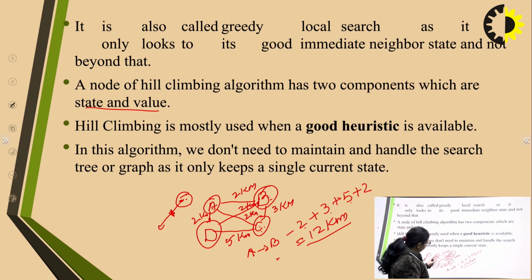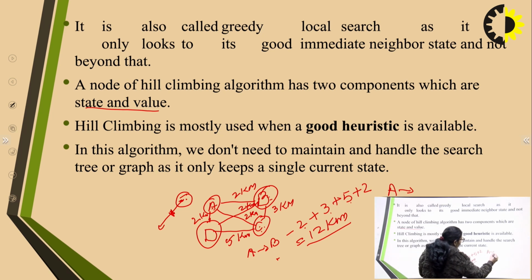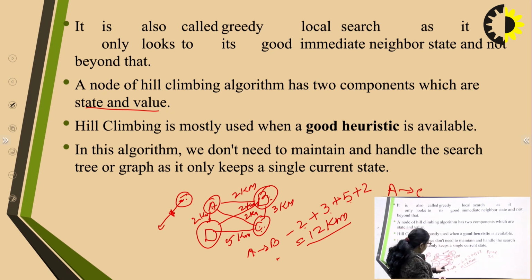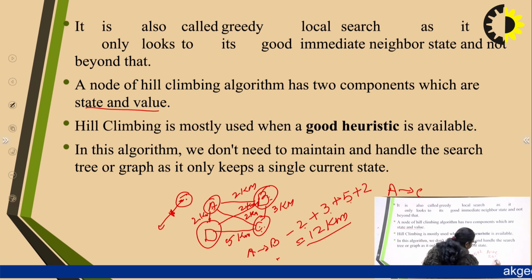If the salesman starts traveling from A to C with 2 kilometers, plus C to D is 5 kilometers, then D to B is 2 kilometers and B to A is 2 kilometers.